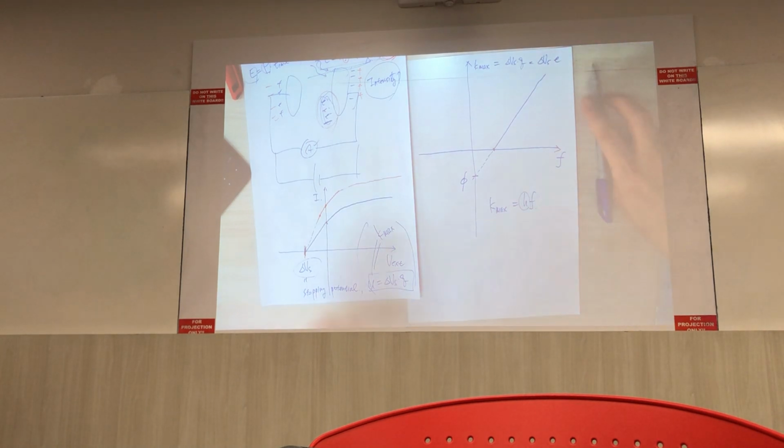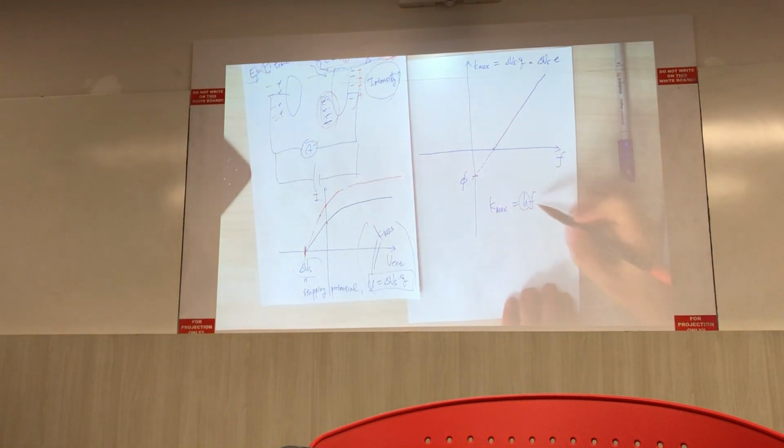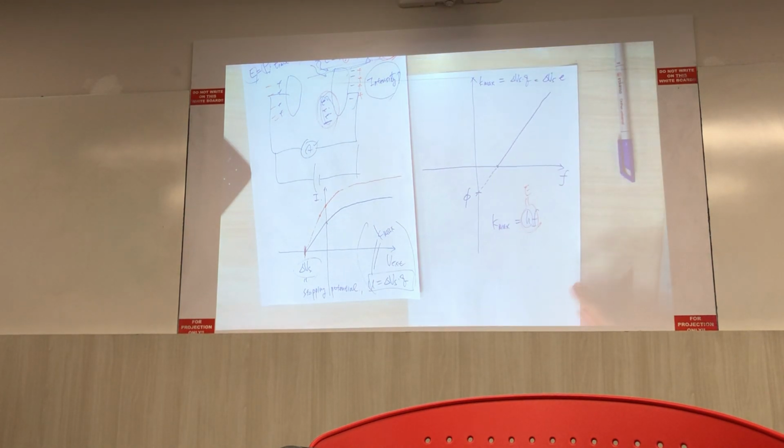And if you have a good eye, you already know that this is the photon energy, isn't it? So the photoelectric effect states that the photon energy is directly related to the electron energy.